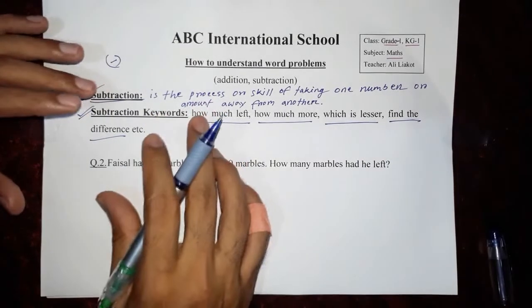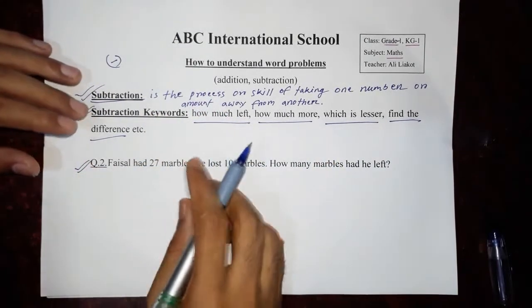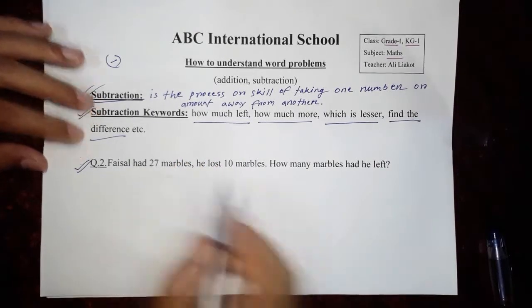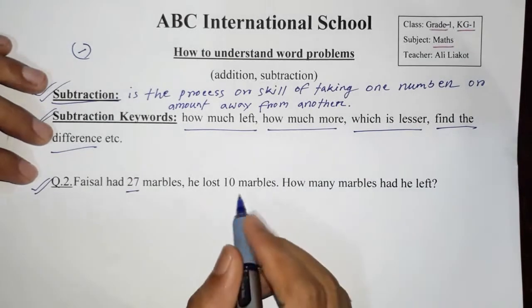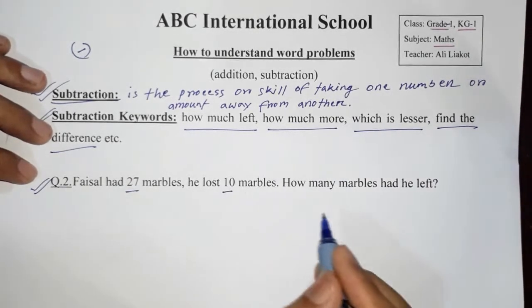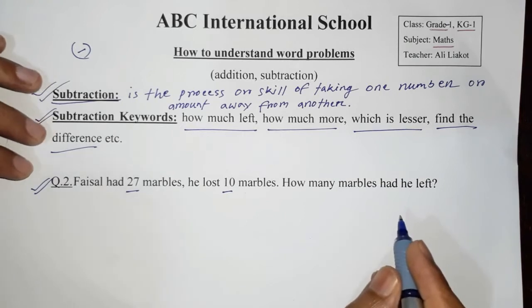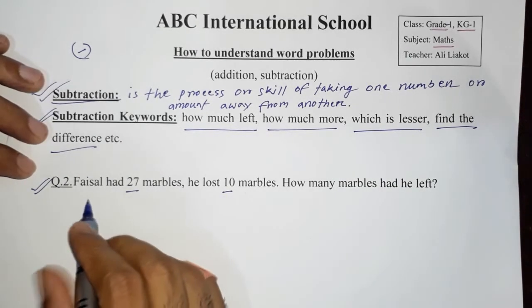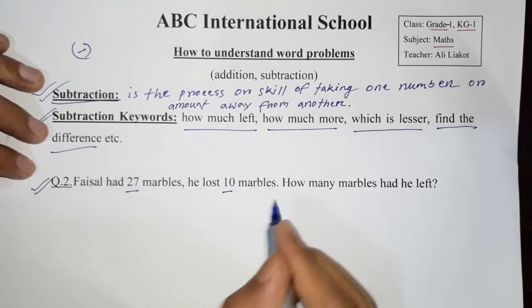Now let's check it in detail with an example. Let me read it. Faisal had 27 marbles. He lost 10 marbles. So how many marbles had he left now? I'm repeating it again. Faisal had 27 marbles. He lost 10 marbles.